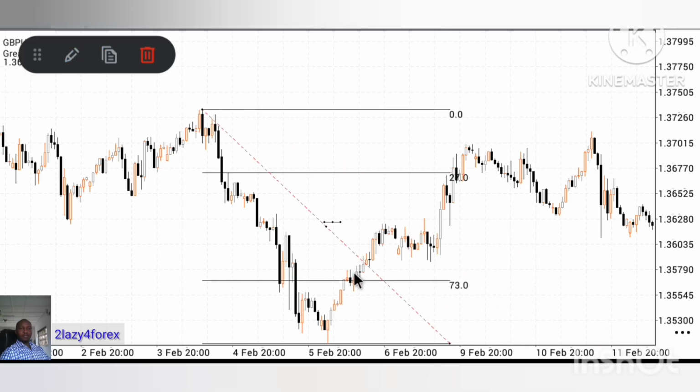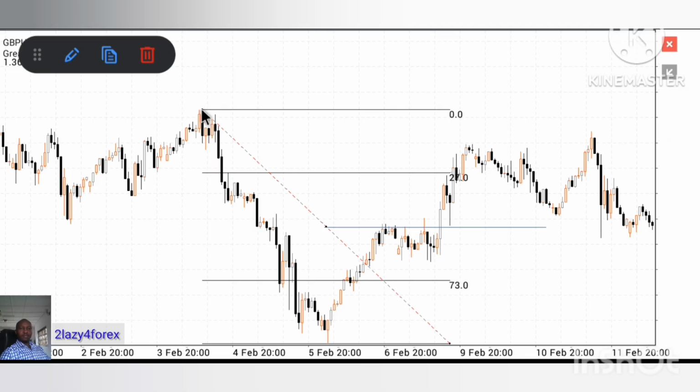Sorry, let me just put it back. So I think my 50% is somewhere around there. My 50% Fibonacci spot is what they call the sweet spot, the equilibrium at the middle. See, this is the 50% spot, for the normal Fibonacci setting.